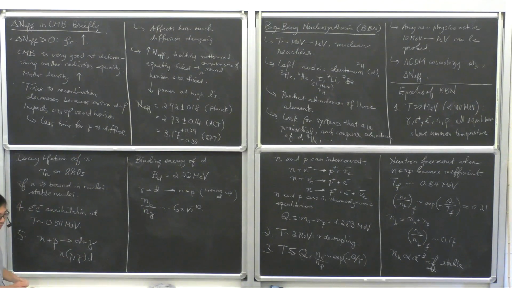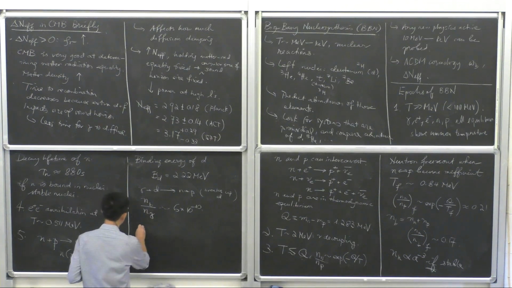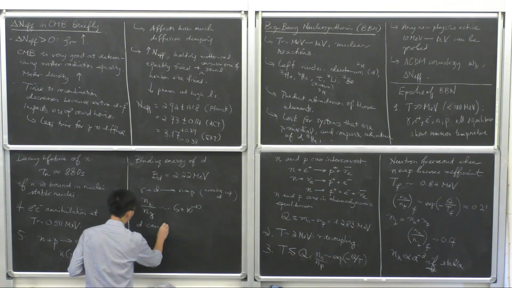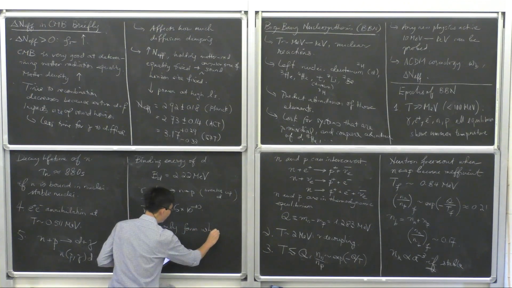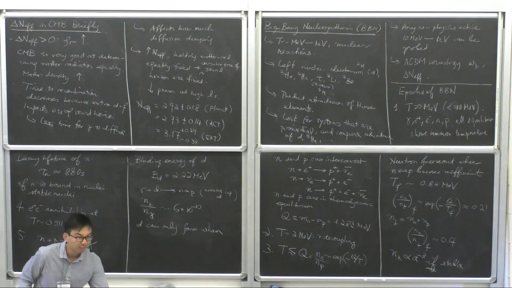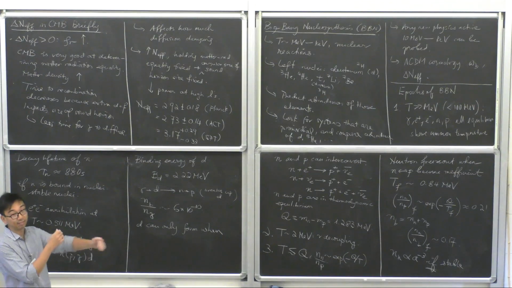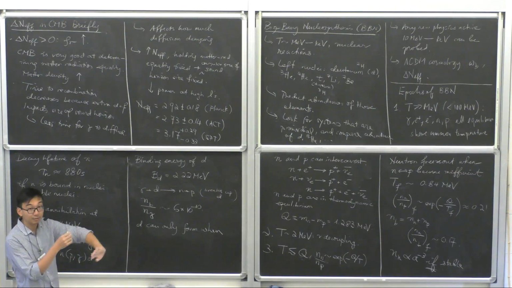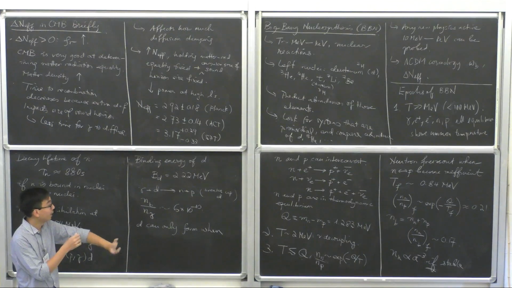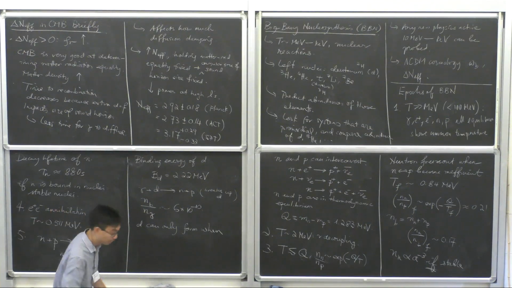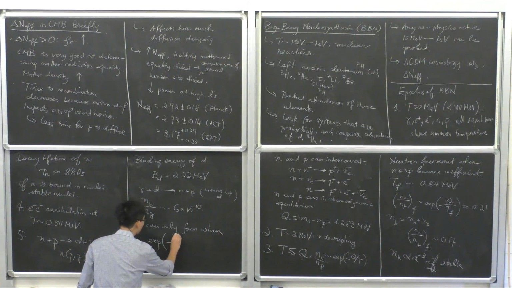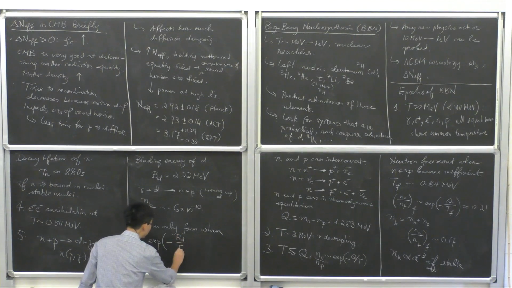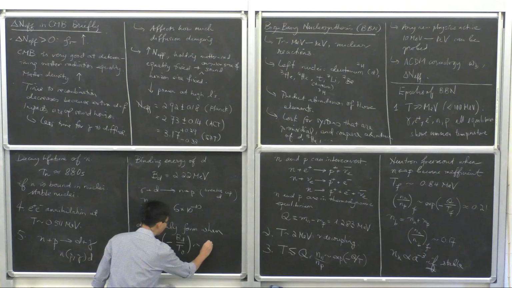You can do a more detailed estimate than this, but the naive expectation is that you can only form deuterium when the number density of photons at the tail of the distribution is comparable to the number density of baryons. In other words, when e to the minus B_D over temperature of the photons is roughly 10 to the minus 9.